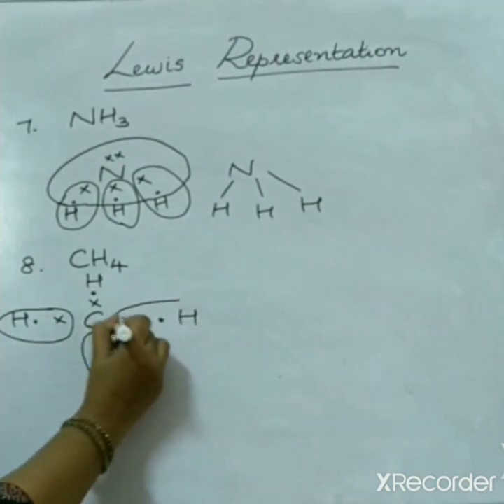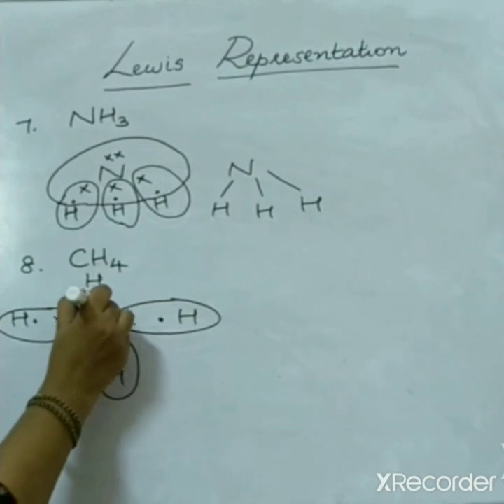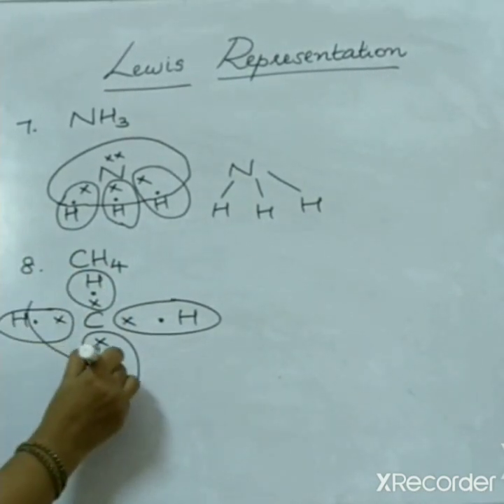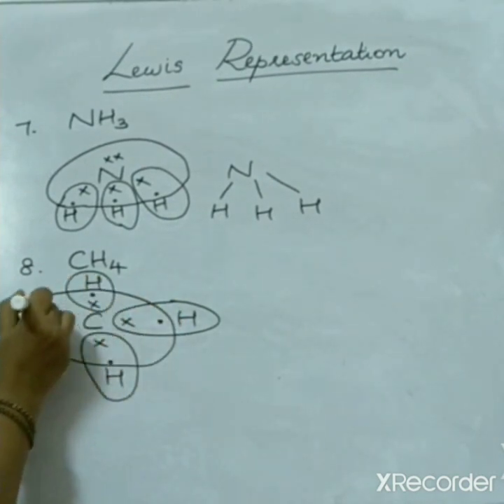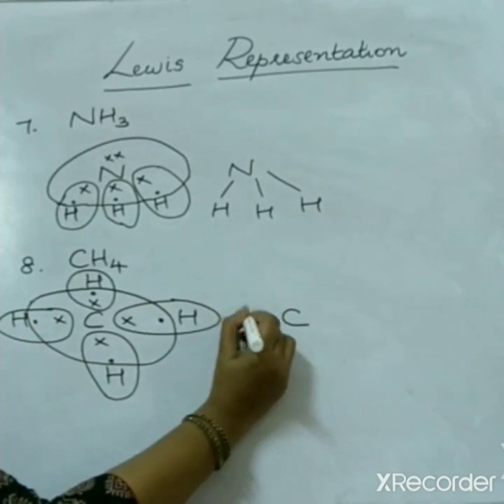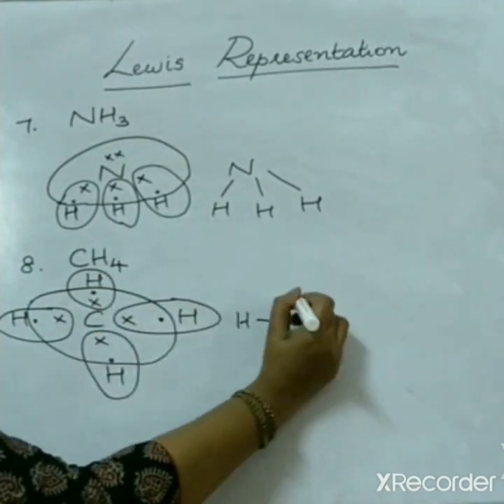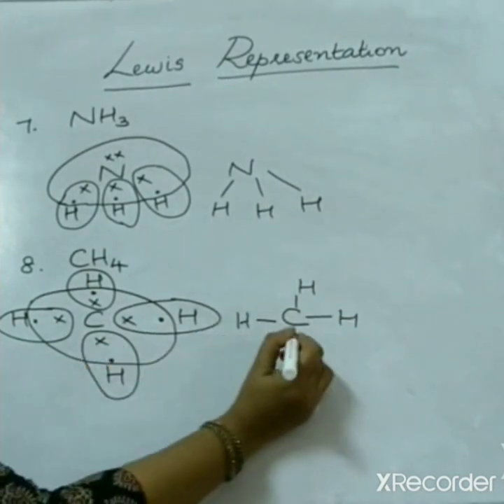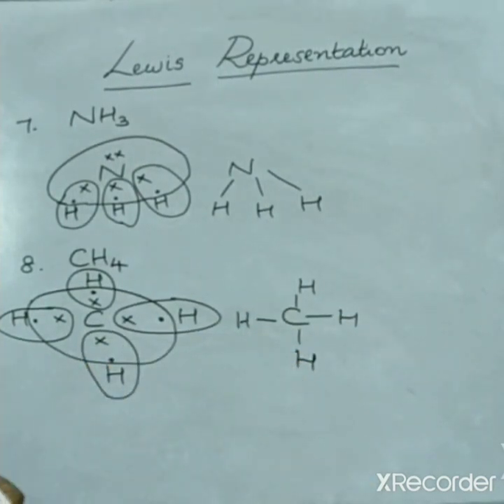Therefore, carbon contributes its 4 electrons for sharing with 4 hydrogen atoms. Carbon has 4 valence electrons and it requires 4 more electrons. Thus, between carbon and hydrogen, a pair of electrons will be shared. Therefore, a single covalent bond will be formed. Such 4 bonds are present in methane.